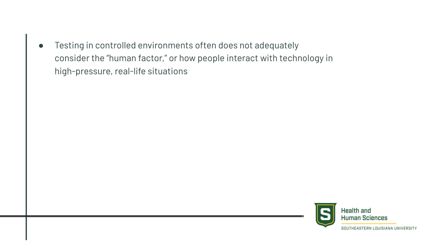Same with designing or testing technology. It's very difficult to do in a real life situation, because research ethics and design ethics mean you have to account for no harm being done to the humans who are part of it.